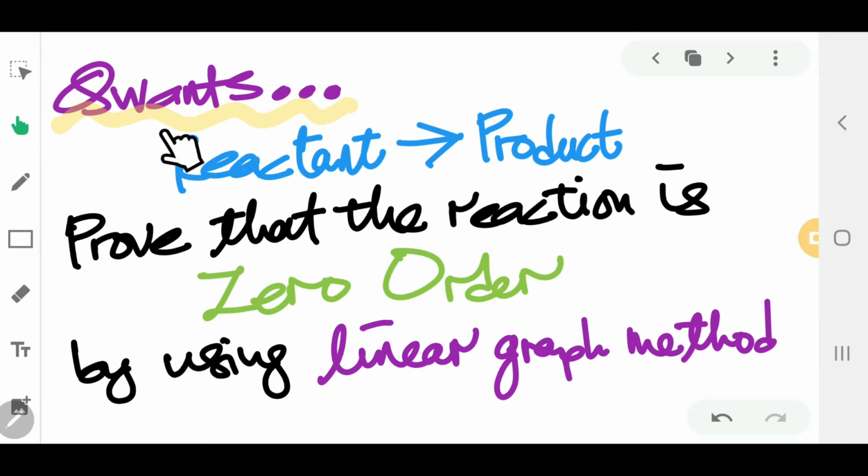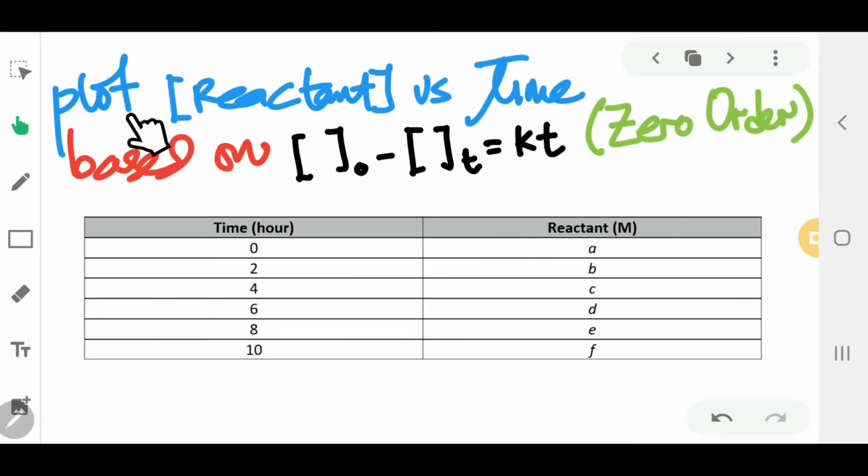So if the question wants you to prove that this reaction above is going to be zero order by using linear graph, what you need to do is plot a graph of the concentration of the reactant versus time, based on the integrated rate equation for zero order.